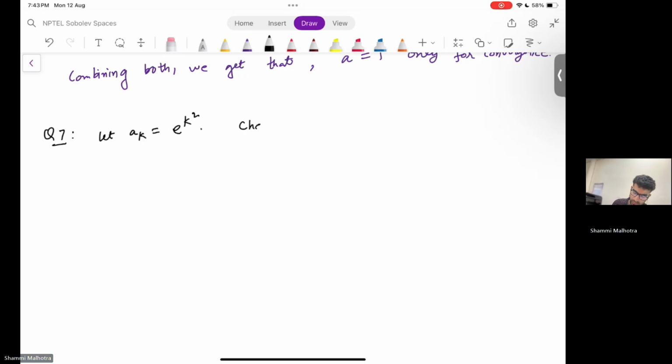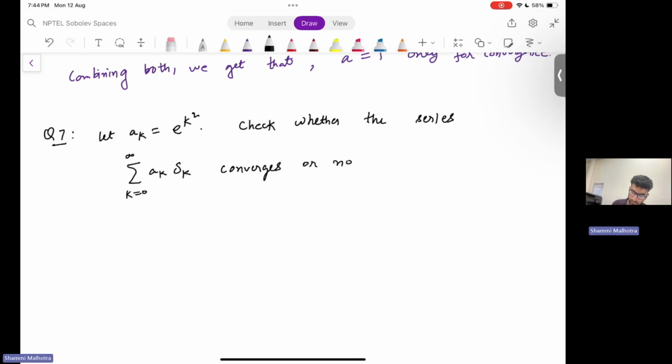Then check whether the series summation k from 0 to infinity of a_k delta_k converges or not.